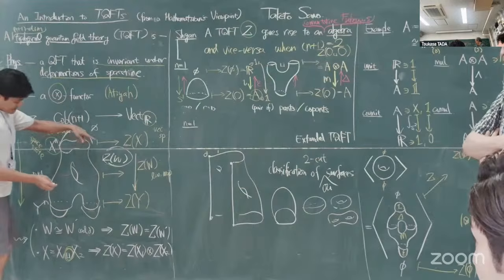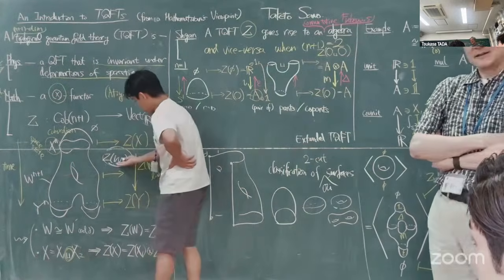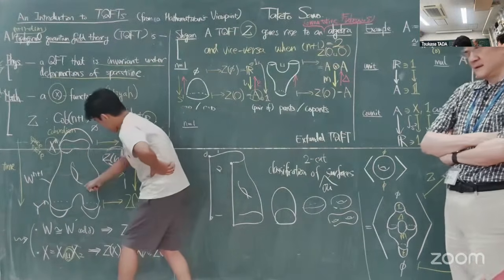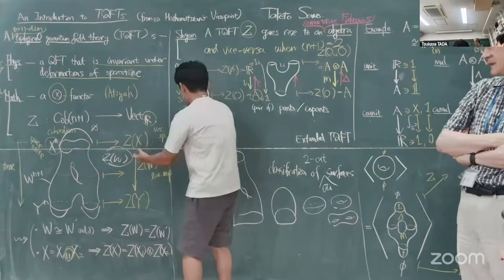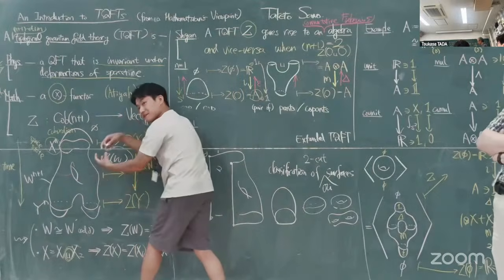in mathematics, as I just said, suppose we have a numerical invariant like this, and we want to compute it, but this closed manifold itself is extremely complicated, then it's very, very hard to compute. But if you can break it into pieces like this, then you can reconstruct the invariant from this.